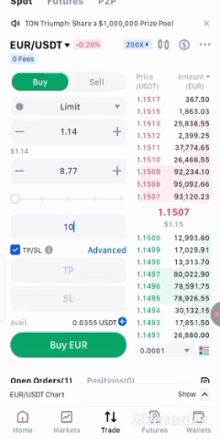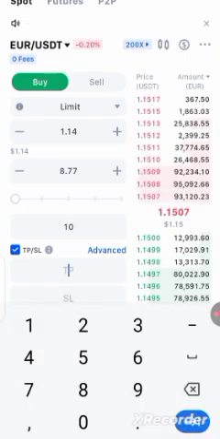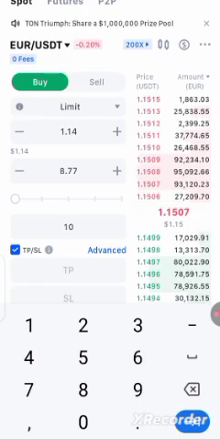Okay, now take profit. I'm going to click here, take profit. Let's say it drops down to 1.14 and the coin starts pumping. I will say take profit at, let's say, 10% increase. Okay, I set it down there.